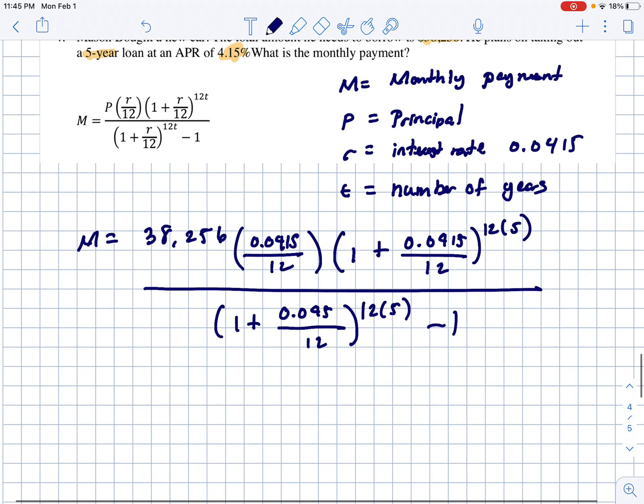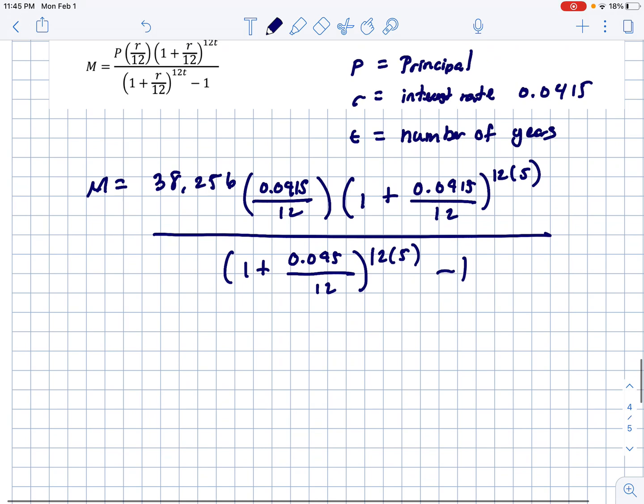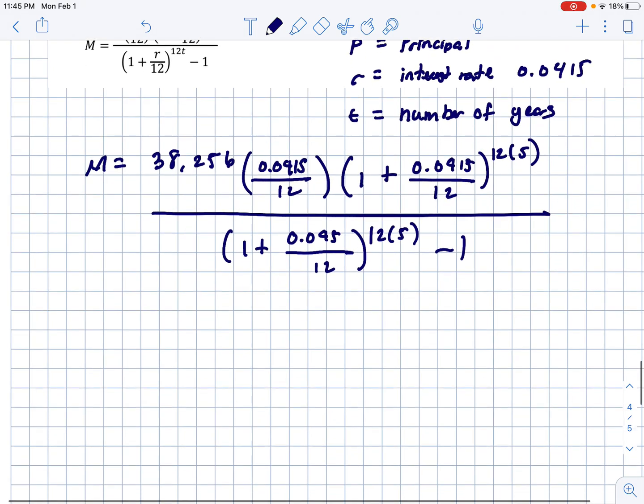Okay, again, you could try and do it all on your calculator all at once if you'd like, or you could separate it. Something like this, I tend to find doing it separate, I get a lot less mistakes. That's 38,256 times 0.0415 divided by 12.